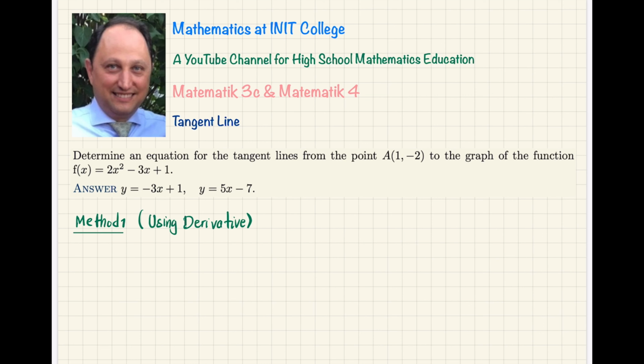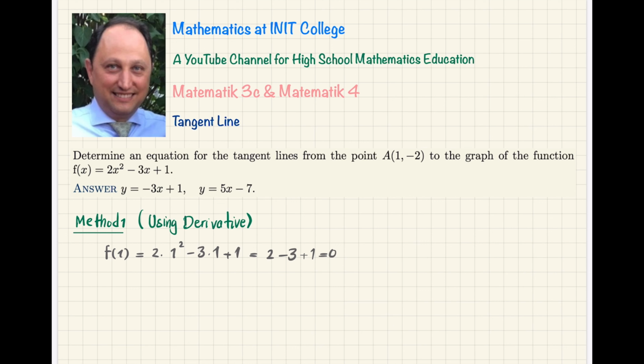Okay, so the problem here is that this point does not lie on the graph of this function. You can immediately check that. Why is that? Because if I calculate f of 1, then the answer becomes 2 times 1 squared minus 3 times 1 plus 1. But this answer is 2 minus 3 plus 1, which is 0.